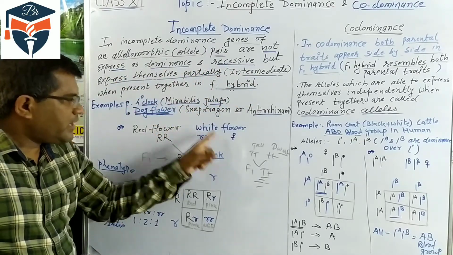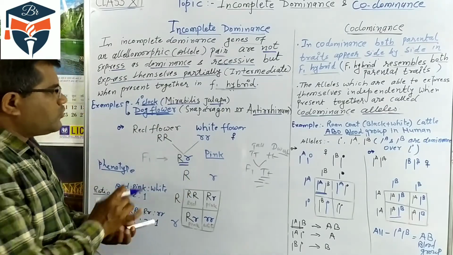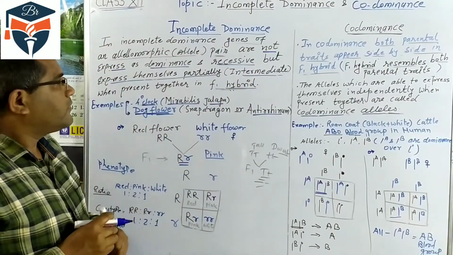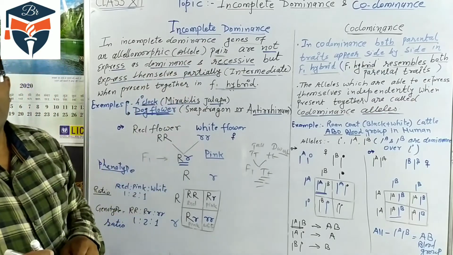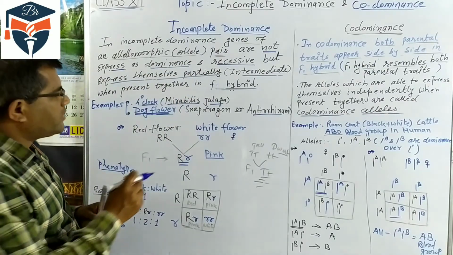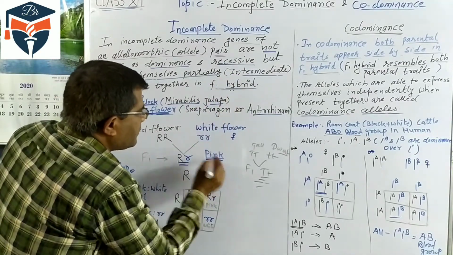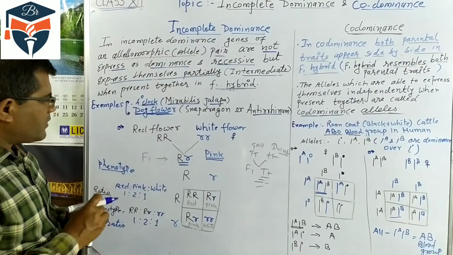So pink is an intermediate trait, formed by the mixing of the dominant and recessive allele combination. Now the pink F1 progeny is crossed.